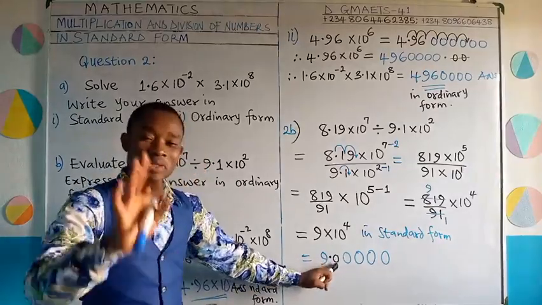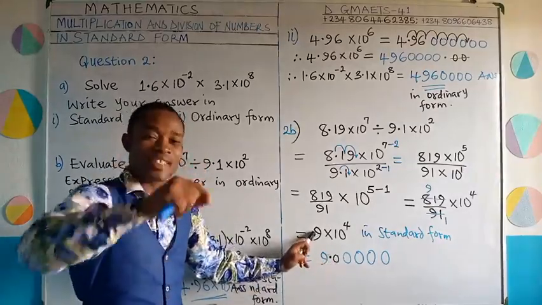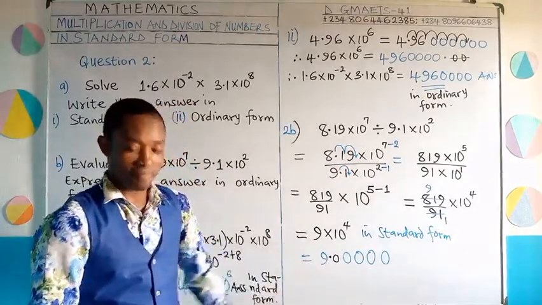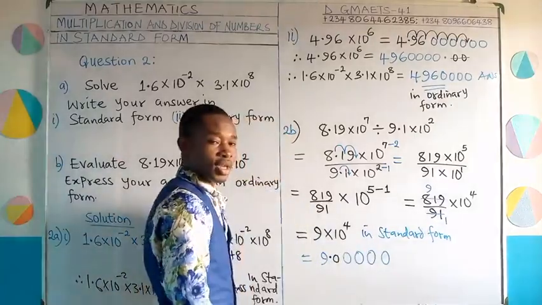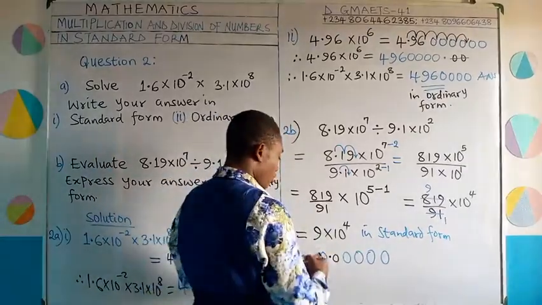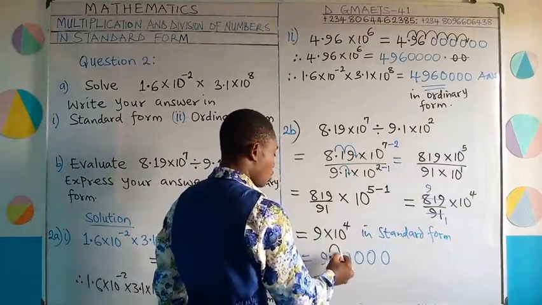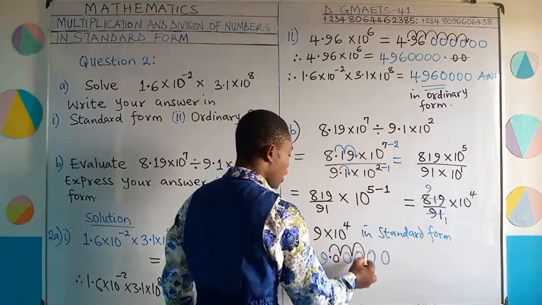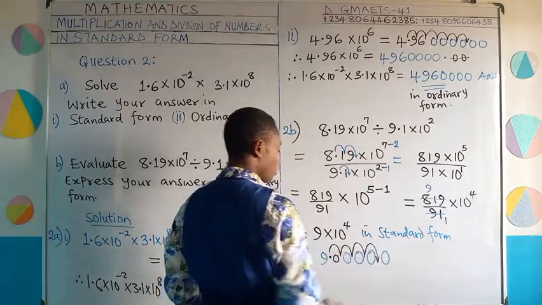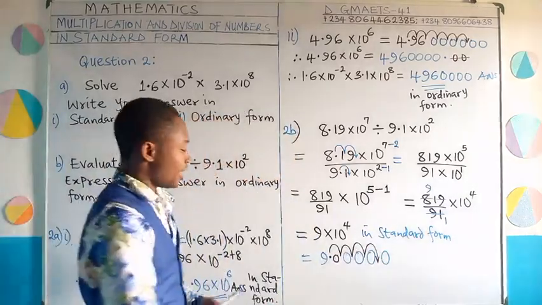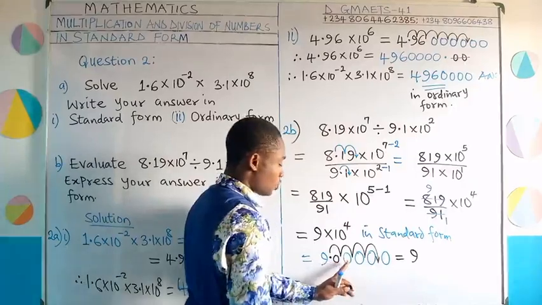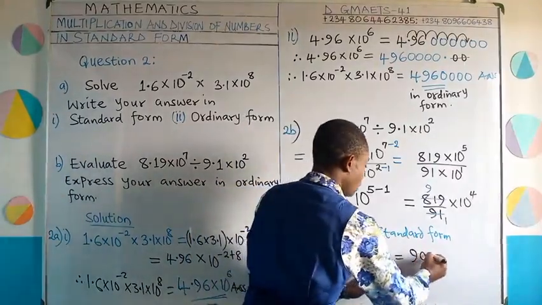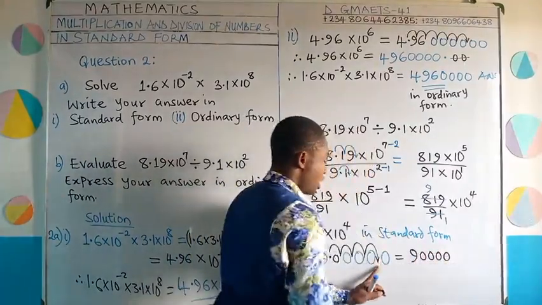This 0.0 is simply to tell you that any number standing alone is the same as the number 9.0. Is that okay? From here, I'm going to move my point 4 times to the right. Is that okay? I'll move my point 4 times to the right. So we go 1, 2, 3, 4. And this is going to be equal to 9, then 1, 2, 3, 4 zeros. Then I now have 0.0.